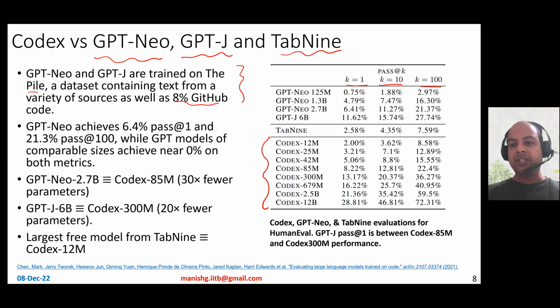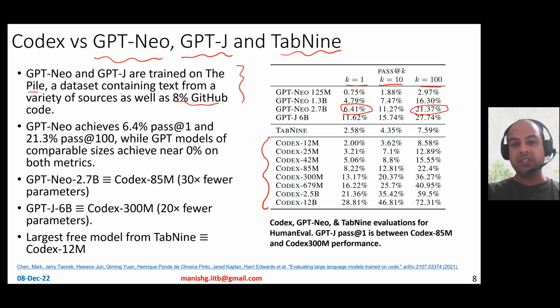And if you compare, you see GPT-Neo achieves 6.4% at pass at 1, and with k equal to 100, it has 21.37%. However, the original GPT-3 model, for example, is just 0%.